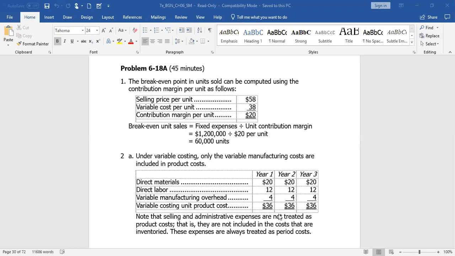And that gives us our variable costing unit product cost. We don't do anything with fixed manufacturing overhead or selling and administrative expenses. And so you could see the explanation down below. Just a reminder about selling and administrative costs.